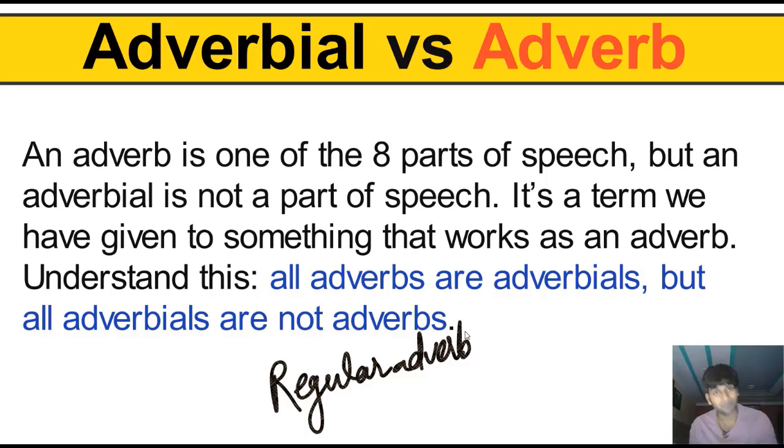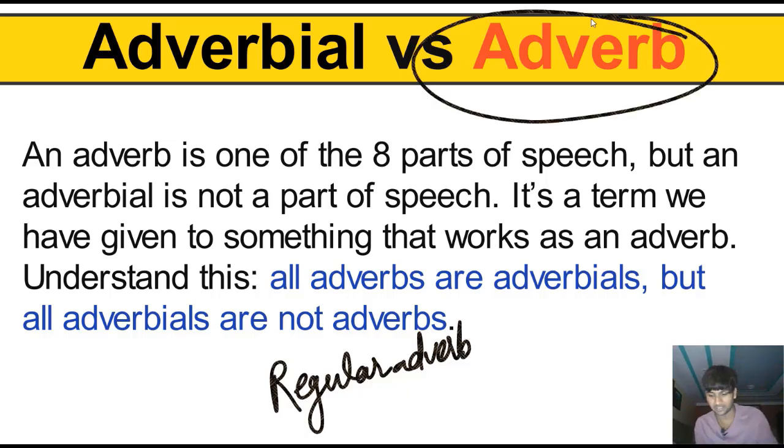So regular adverbs are adverbials, and these other things are also adverbials when they function as adverbs, right? Adverbs are a part of speech. Adverbials are a bigger term, right? These are words, phrases, and clauses that just function as adverbs. So all adverbs are adverbials because they function as adverbs.